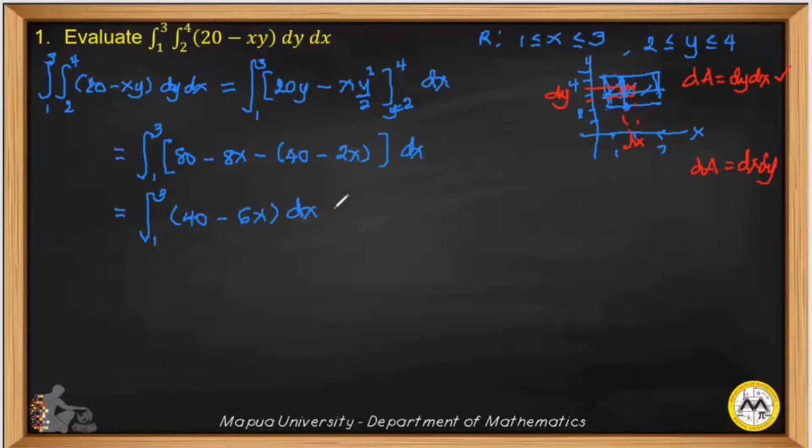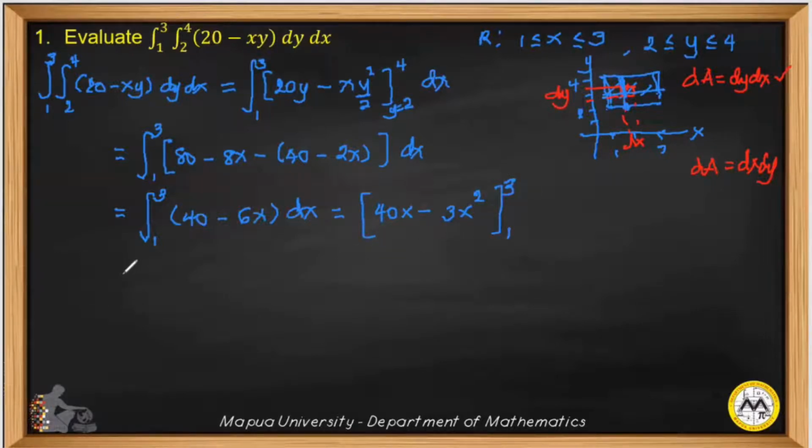Okay, we are now ready to evaluate the integral in x. Okay, integral of 40 dx is 40x minus the integral of 6x dx is 6x squared over 2. Now 6 over 2 is 3, okay, which will give us the simplified form of the integral as 3x squared. And we must evaluate this from the lower limit x is equal to 1 to x is equal to 3.